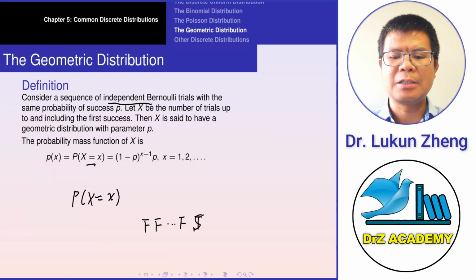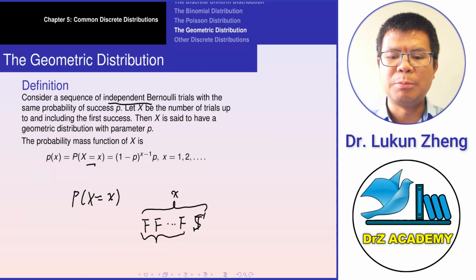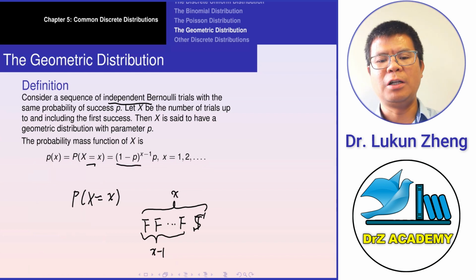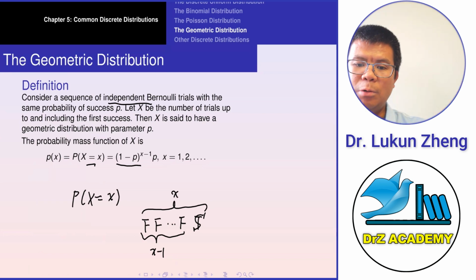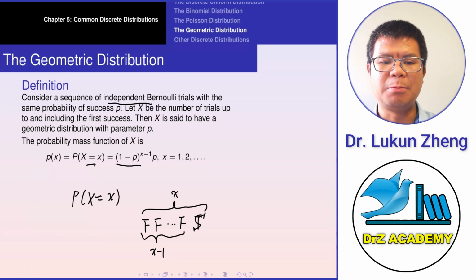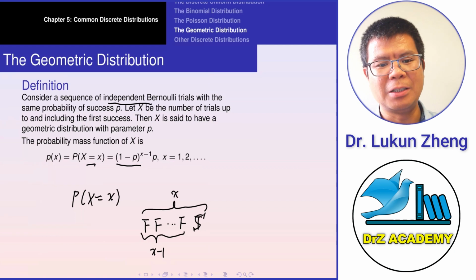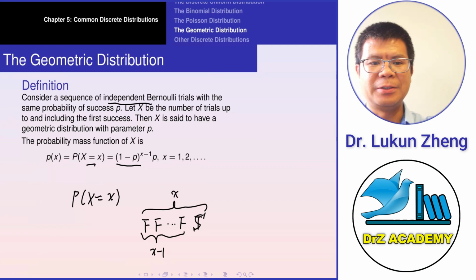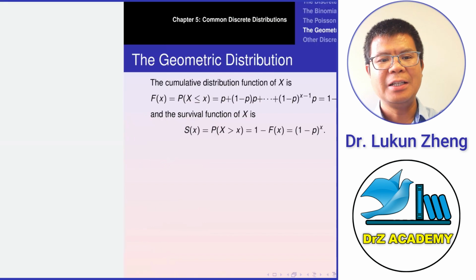In total we have x trials, but before the success you need x minus 1 failures. They're all independent, so you have the probability of failure, 1 minus P, raised to the power x minus 1, and then times P. That's the probability that X equals x. All right, so that's the geometric distribution.